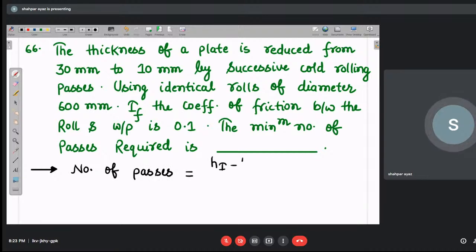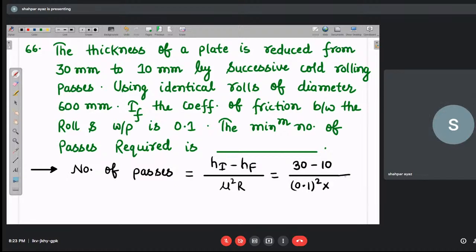H initial minus H final by mu square R. 0.1 square, 150.